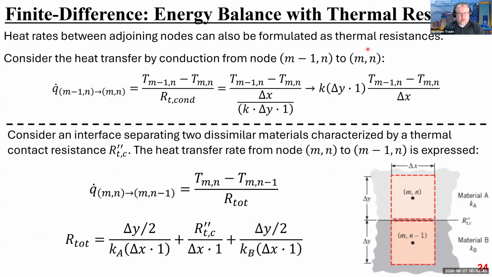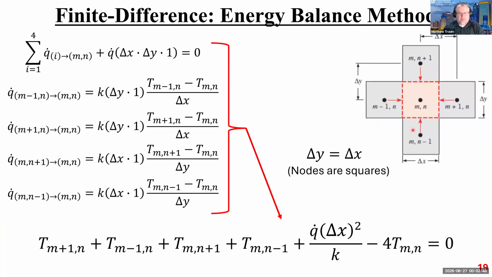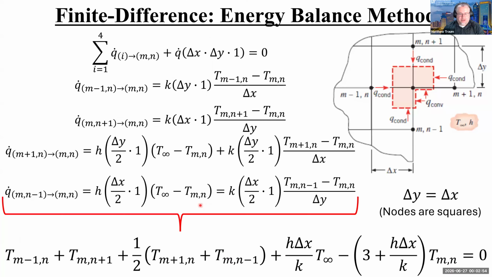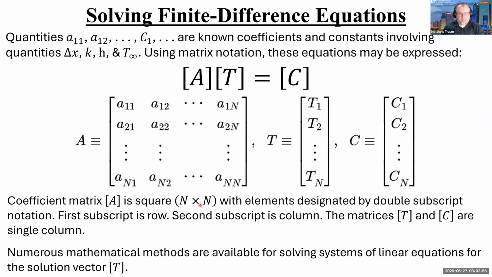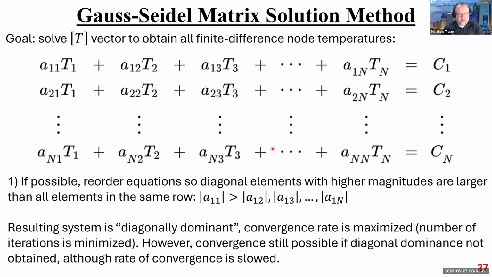So we're basically trying to find the temperatures of all of these nodes by solving all these equations simultaneously, and then doing some very cool matrix manipulation to get the answer out.